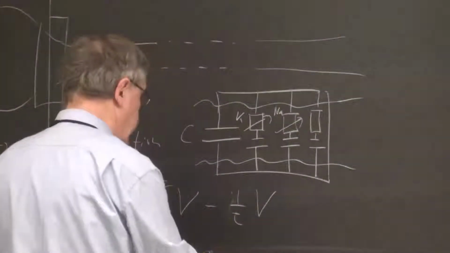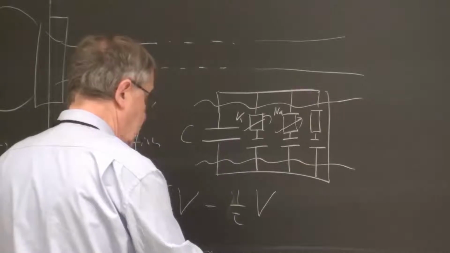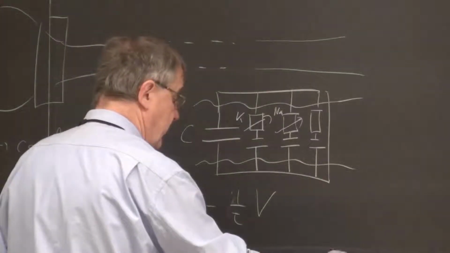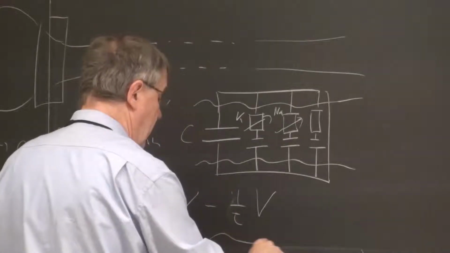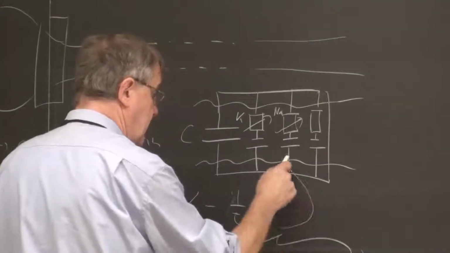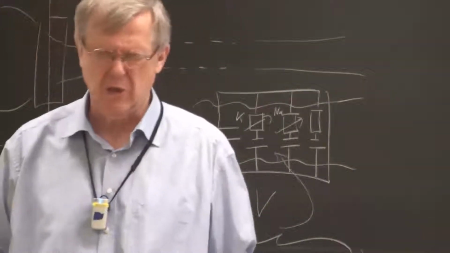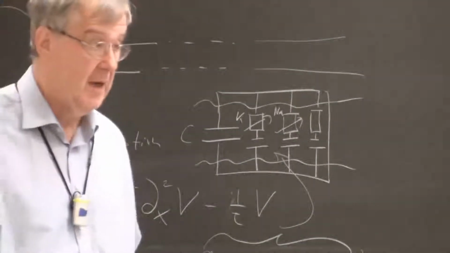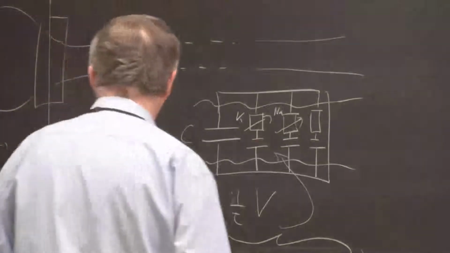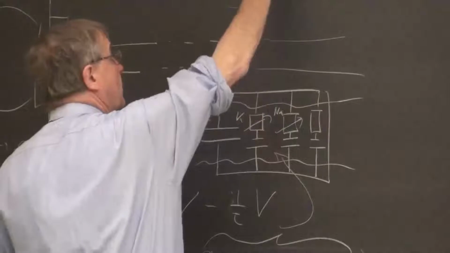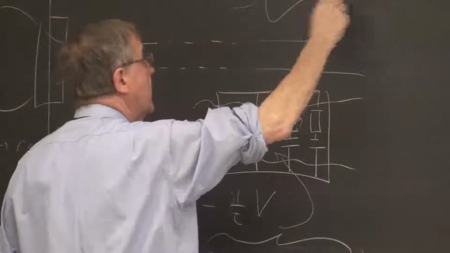So G potassium is a function of the voltage, and G sodium is a function of the voltage. And that gives rise to dramatically different behavior, to a threshold behavior that produces then here in the neuron a signal that looks about as follows.